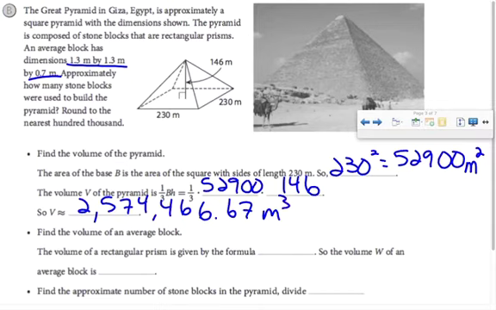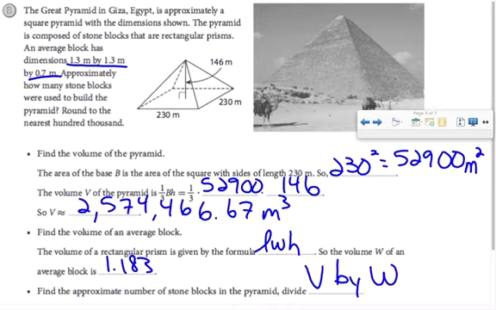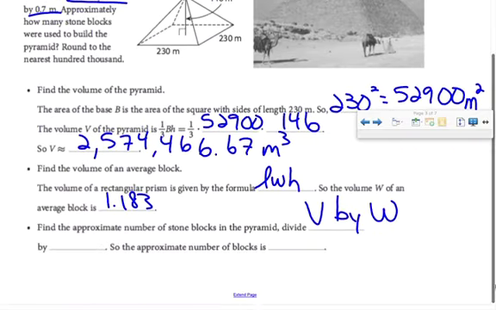Next, we're going to find the volume of the average block. The volume of a rectangular prism is given by the formula length times width times height. So the volume W of the average block will be 1.3 times 1.3 times 0.7, which is 1.183. So we're going to divide V by W, the volume of the pyramid by the volume of each block. Oh, I didn't see that blank there.